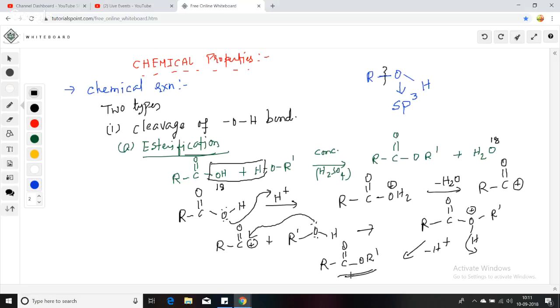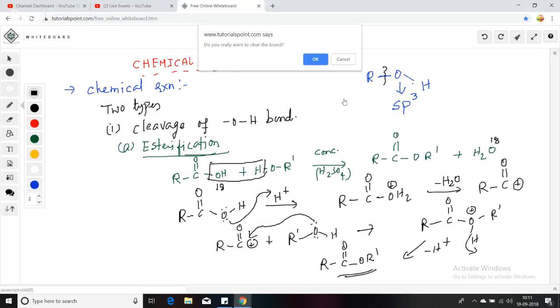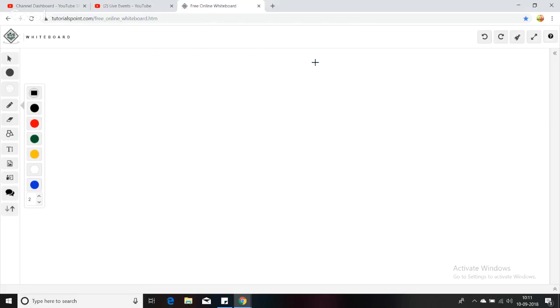The reaction with Grignard reagent also follows the cleavage of the OH bond, meaning the reaction of Grignard reagent and alcohol. So if I erase this page completely, you see the second reaction we have, which follows the cleavage of the OH bond, is the reaction with Grignard reagent.